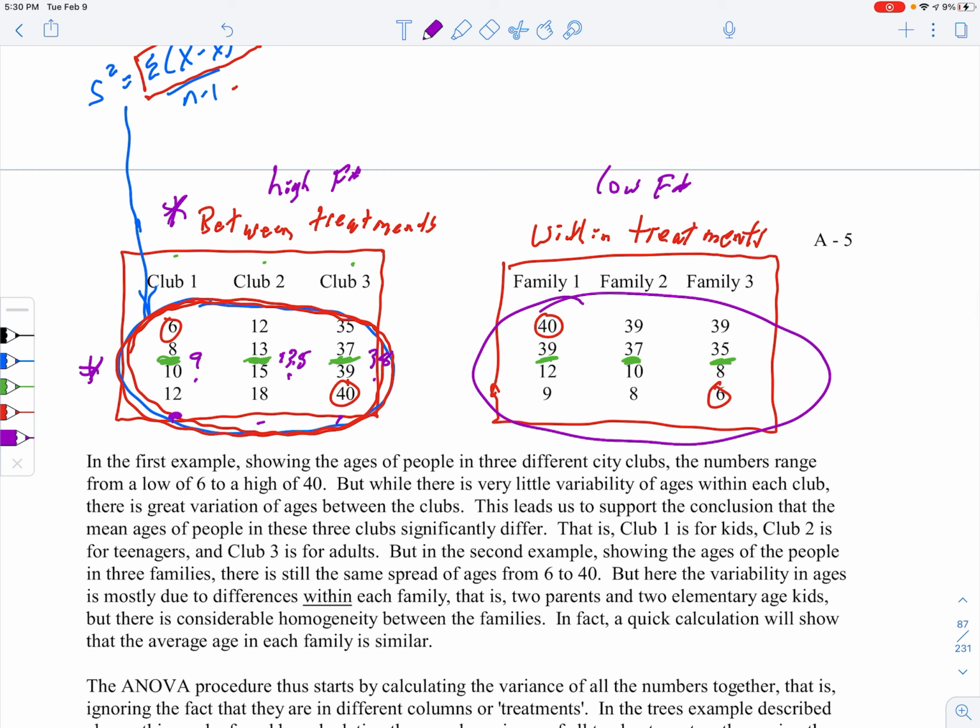Now, if you take a look at the families, the family means are all pretty close to each other. I'm going to say something like 25. I don't remember exactly what they are, but they're in the low 20s. And so there's very little difference between the averages, and we end up with a low F star value because the variation is not between the families, it's within.